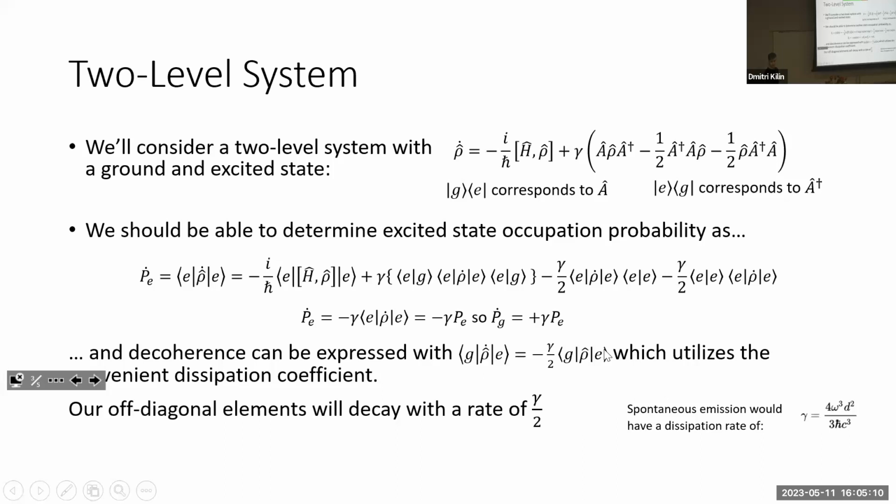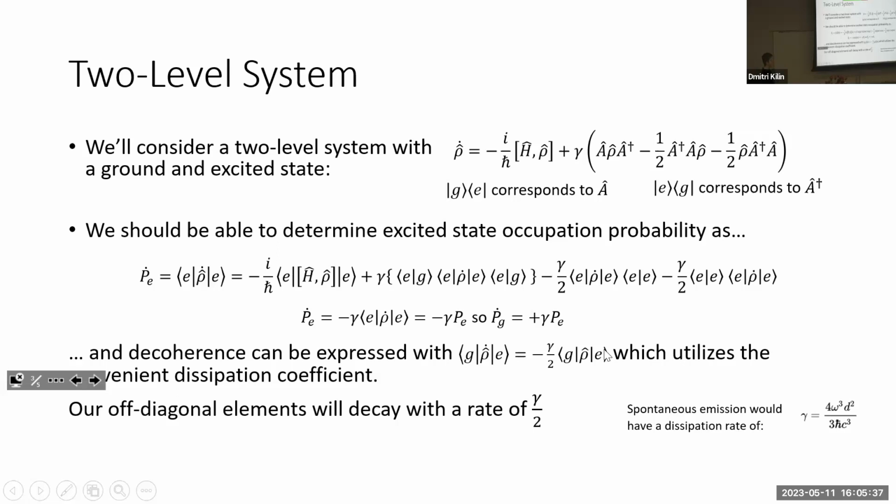So you take your top equation and find matrix elements by applying ket and bra from left and right to each term. Yes. Okay. It's just matrix algebra, I guess. The decay of coherence can be expressed with this.